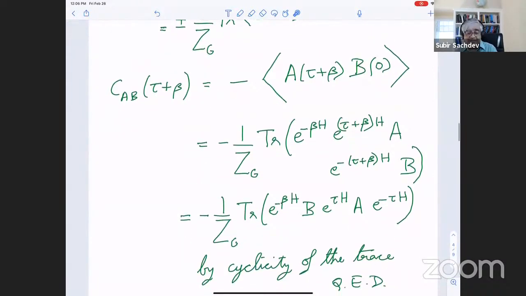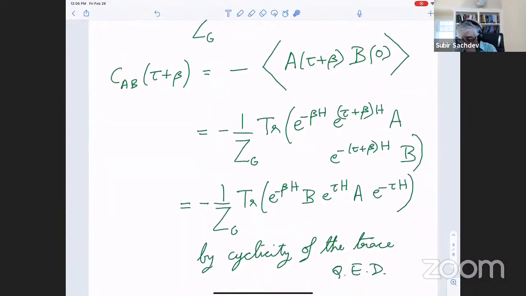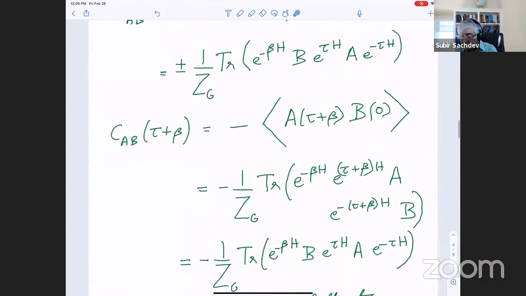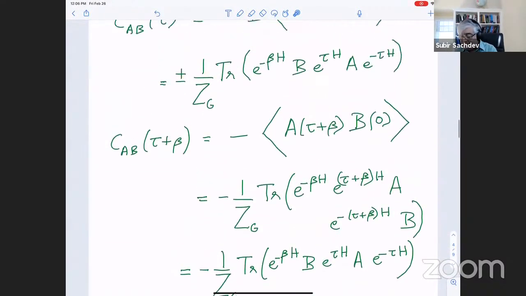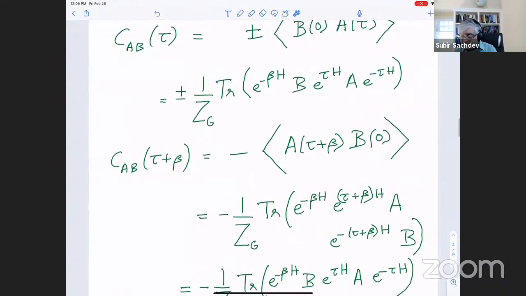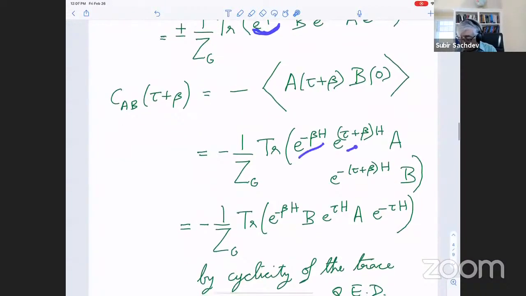And hence the anti-periodicity or periodicity of this Green's function. So the basic thing to remember is it just comes from the cyclicity of the trace. And the origin of the e to the minus beta h is different. Here, the beta comes from the thermal evaluation, whereas here that thermal beta disappears, but there's another beta that comes from the time evolution of A, which also has the same factor of beta, and that's what becomes the density matrix.